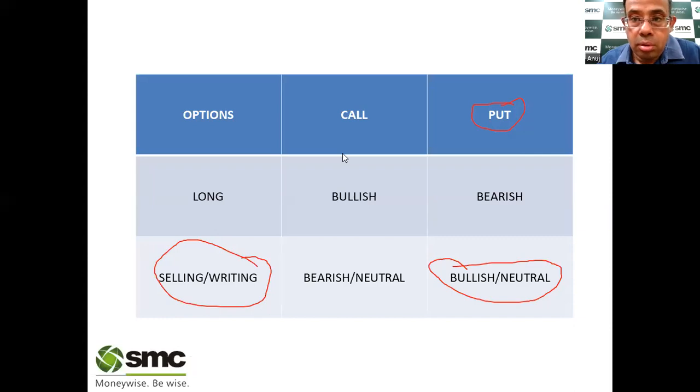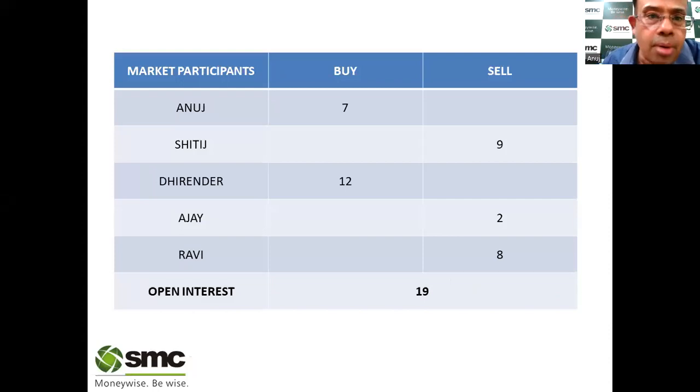Now we'll touch upon the concept of open interest. If there are 5 players in the market, every market participant is either a buyer or a seller.